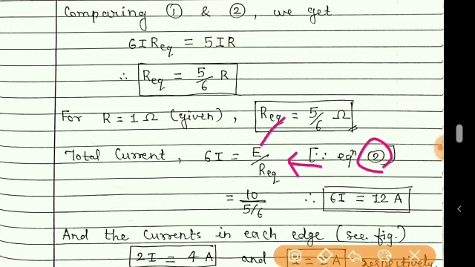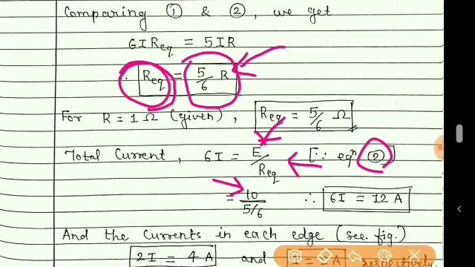But what is the value of E, that is EMF of the battery? It is 10, so we have kept that. What is the value of resistance, that is equivalent resistance between point A and C dash? It is 5 by 6 R. But what is the value of each resistance R? It is given 1 only. So if we put this value R is equal to 1, we get this as 5 by 6 ohm.